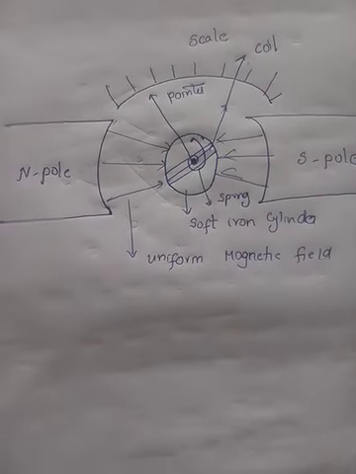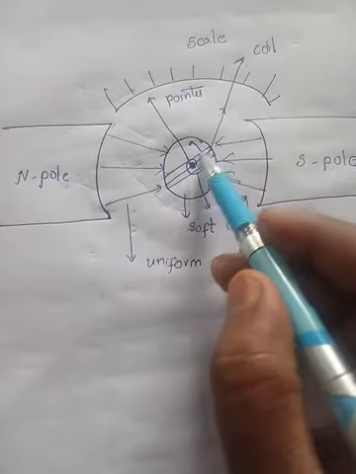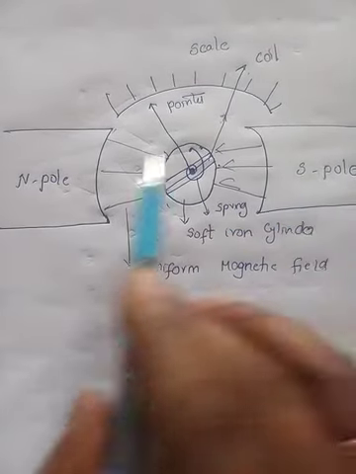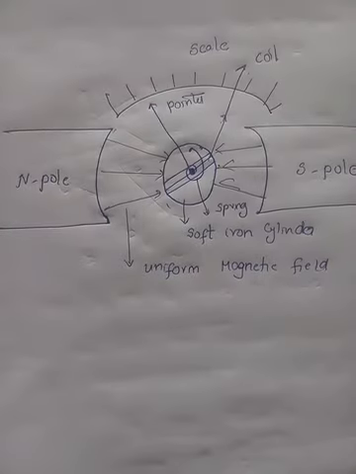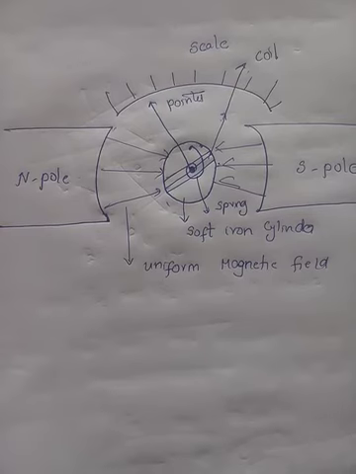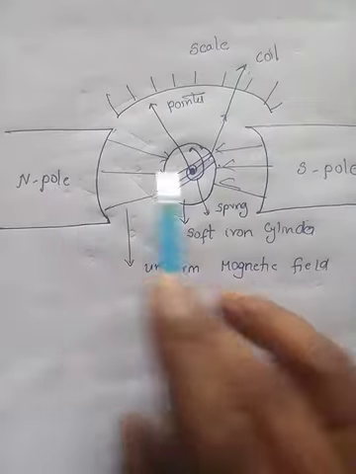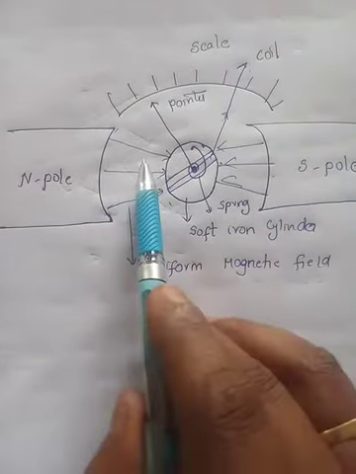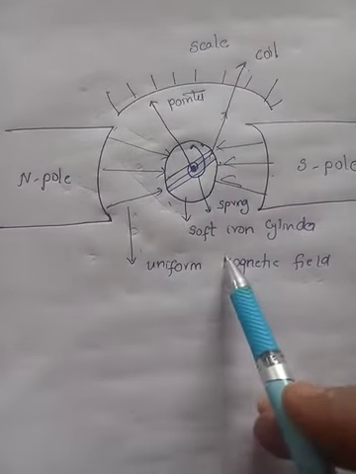So this is the apparatus. We consider a rectangular coil that is placed between two concave poles. Why have we taken concave poles? Because a bar magnet cannot produce a uniform magnetic field. A horseshoe magnet with concave poles produces a radial magnetic field, meaning on all sides it exerts the same force, so it produces a uniform magnetic field.